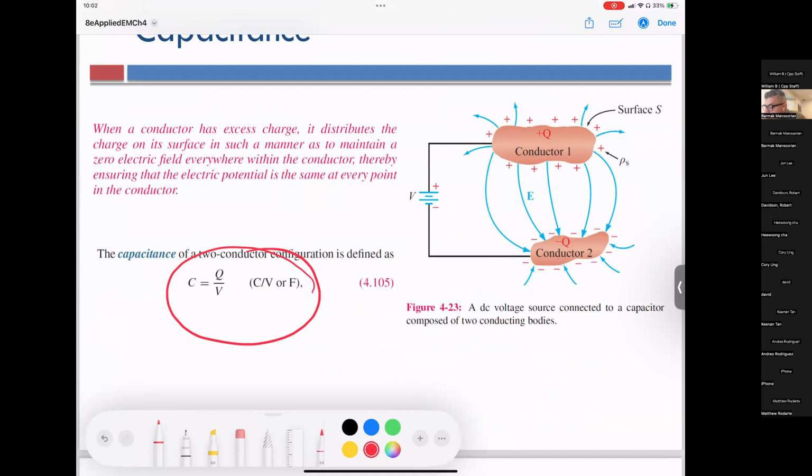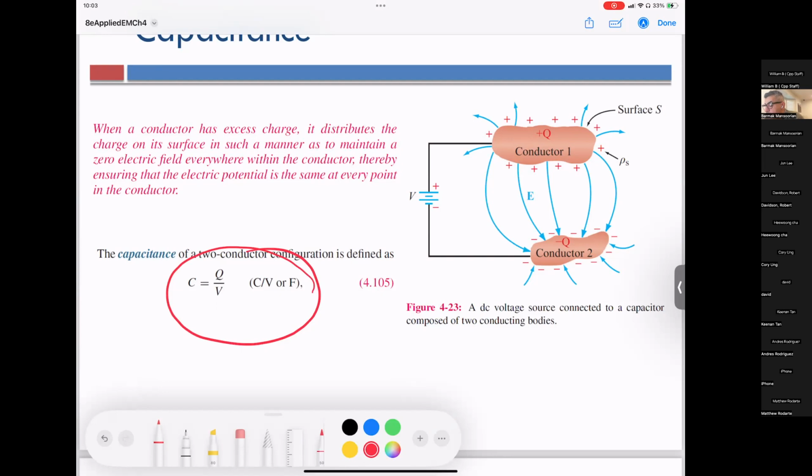If I have two conductors in space, separated from each other, and I put a net charge on those two conductors and measure the potential difference between them after I put on a certain amount of charge, then the charge over the potential that charge created gives me something called a capacitance.